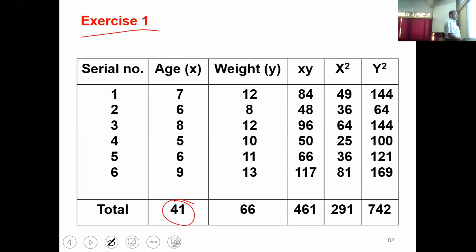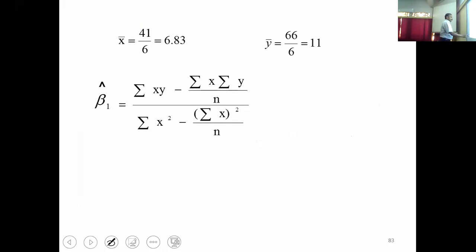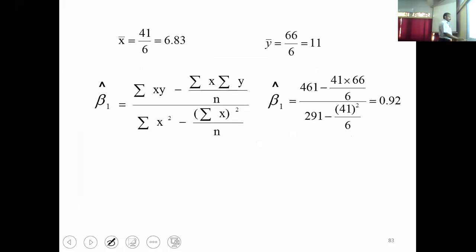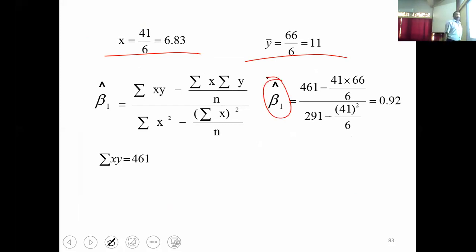So you have all these summations: summation x, summation y, summation xy, summation x square, summation y square. We have done that last time also. Right? We can calculate the basic things of beta naught and beta 1: x bar, y bar, and we found beta 1 also.